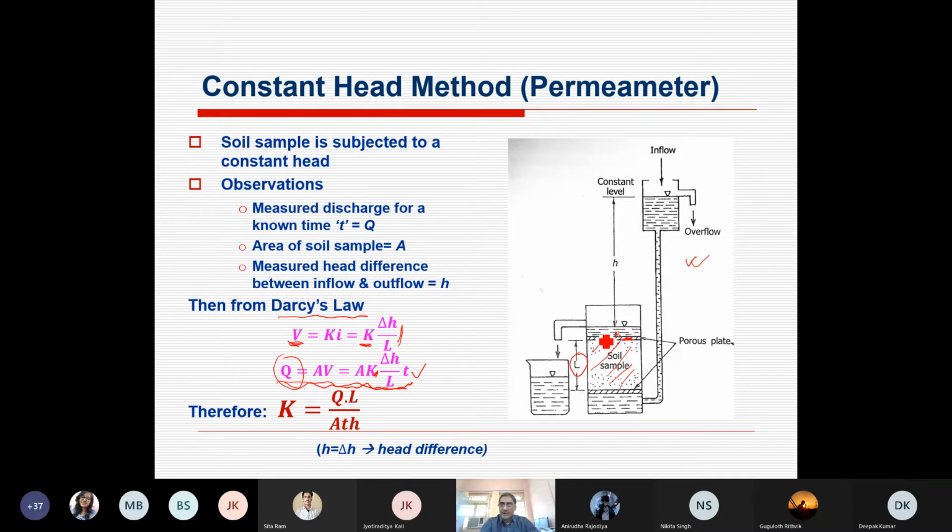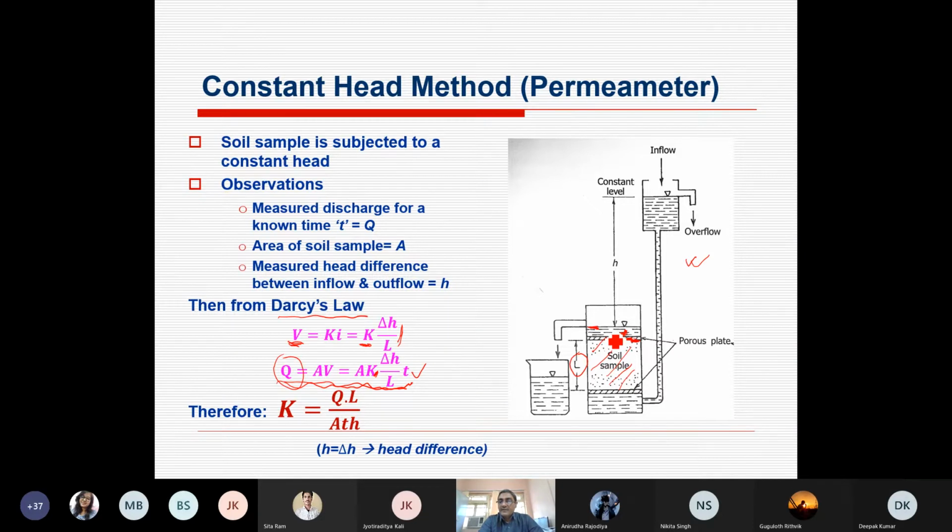So this flow of water that is passing through this soil after saturation is driven by the hydraulic gradient. The hydraulic head applied at this surface is something, and the water coming out exactly from this face is at another head.